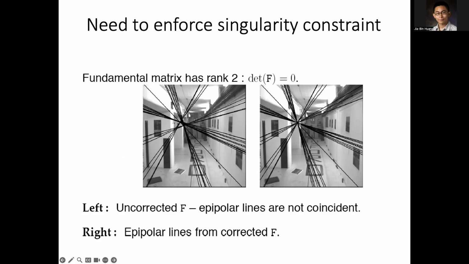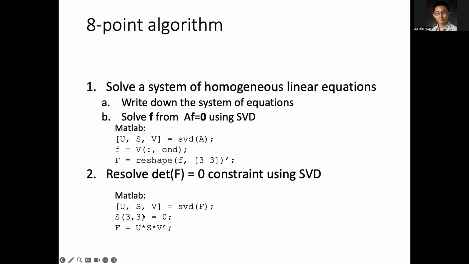You get it corrected. The way you enforce rank 2 is also through SVD. You compute the SVD, and because the smallest singular value corresponds to the least amount of energy, you just set it to 0. It will enforce that the matrix has rank 2, but at the same time it is very close to the original f. This is how you resolve this constraint.